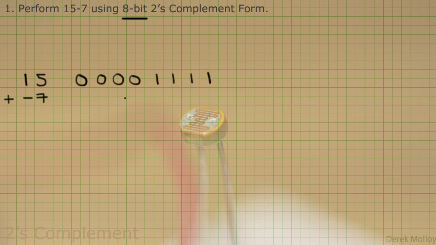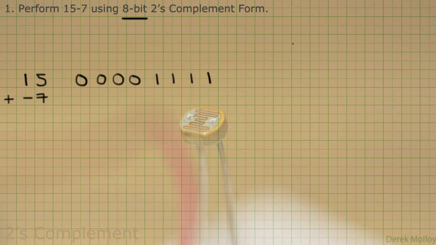So that's 15 in 8-bit 2's complement. So we can see we've used 8 bits in total, 1 for the sign bit, 7 bits for the magnitude, 1, 2, 4, 8. So 8 plus 4 plus 2 plus 1 is 15. No 16s, no 32s, no 64s. So that's our 15.